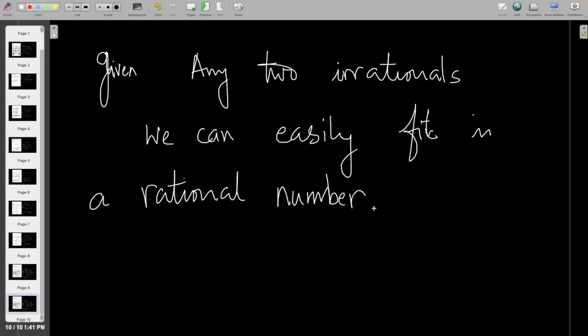You can just go through the previous problem and use the same idea, use the same trick to convince yourself that this is true.